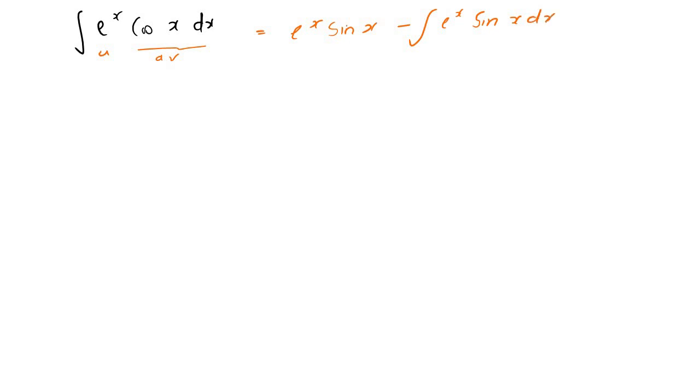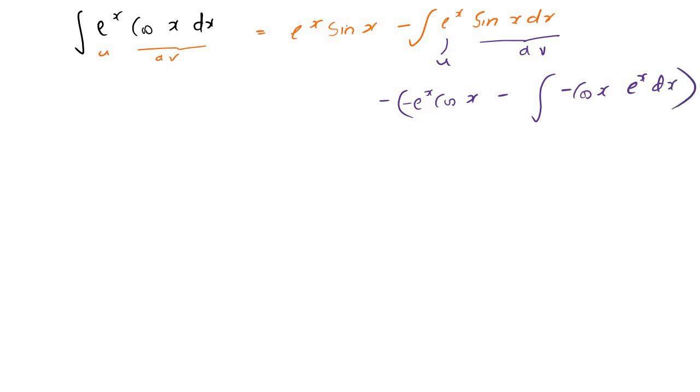And then we again use the product rule where this was u and this was dv, and then we got minus e to the power x cos x minus integral minus cos x e to the power x dx. That's what we got for this part. So it was equal to e to the power x sine x.